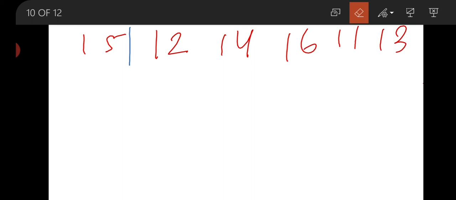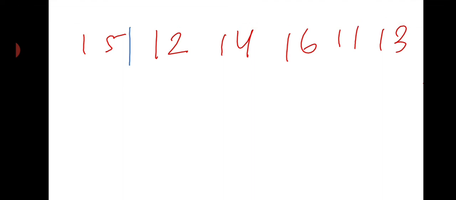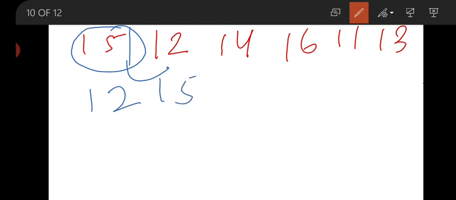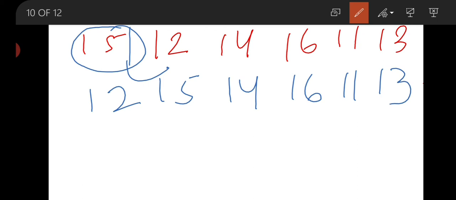Now 15 will be compared with 12. 12 is less than 15, so 12 is swapped with 15. Now it will look like 12, 15, 14, 16, 11, 13.